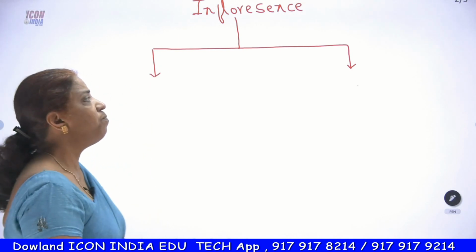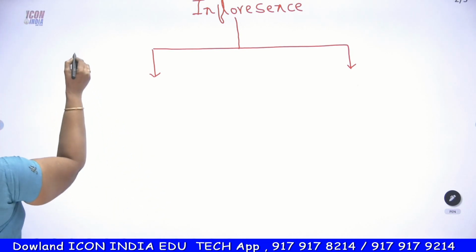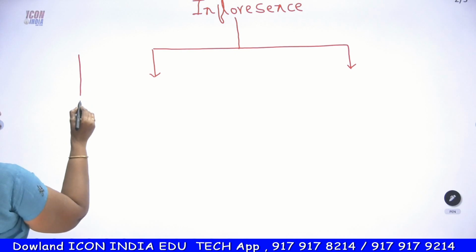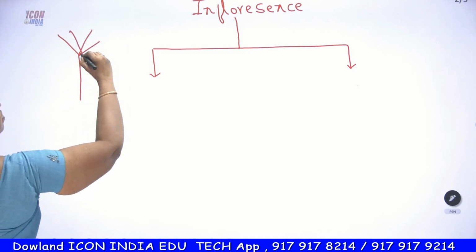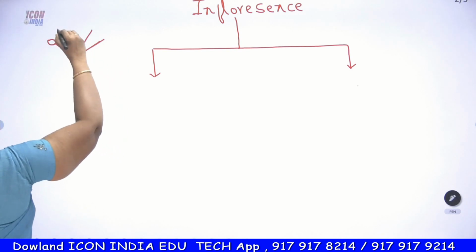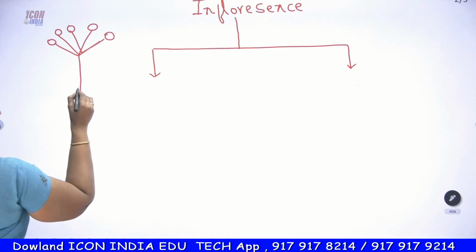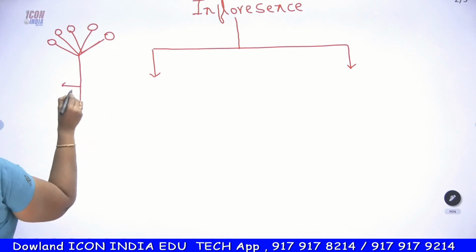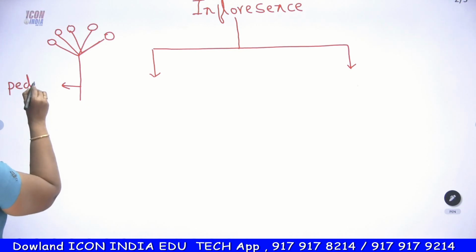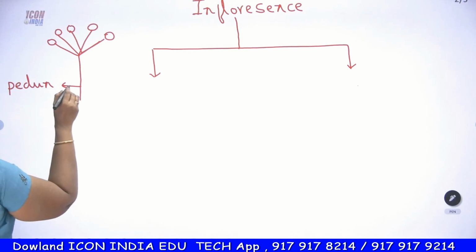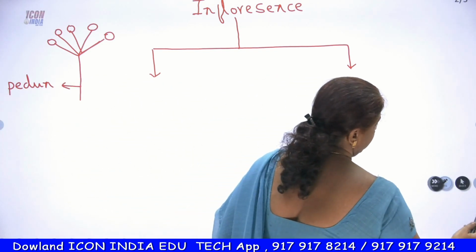Look into the arrangement of flowers. These are the flowers, arranged on the common axis. This is the peduncle.